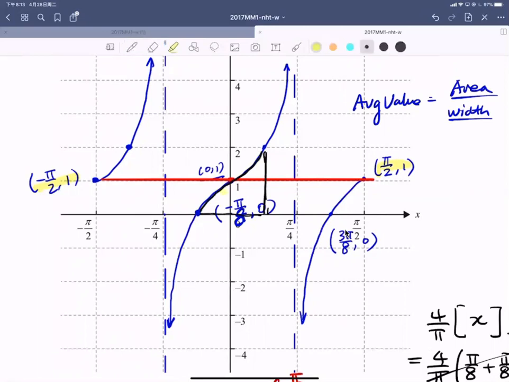And if you mark in this area by using your highlighter, you could observe a nice symmetry here. So you only need to calculate the rectangle. Once you get the area of the rectangle, you just need to, okay, 2 times pi on 8. That's pi on 4. Pi on 4 divided by pi on 4.